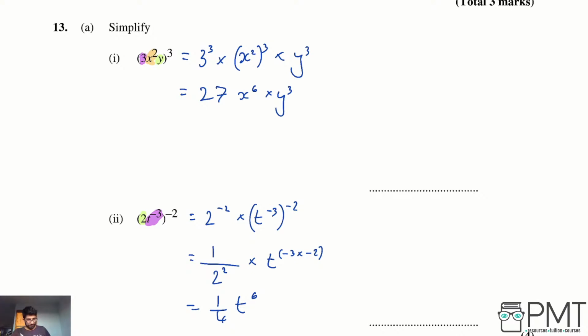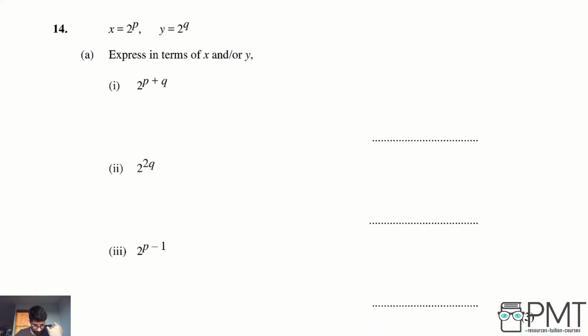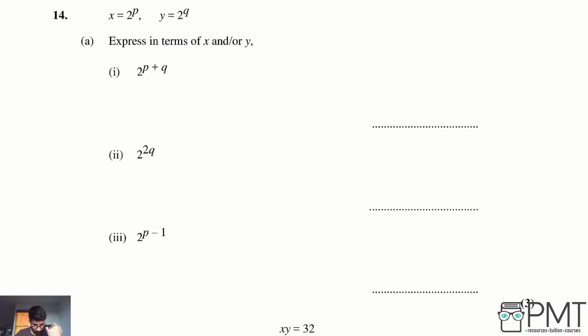So let's move on to question 14. Let's see what we'll get there. So this is a bit different from the previous ones. We are given x is 2 to the p and y is 2 to the q. Expressed in terms of x and or y.